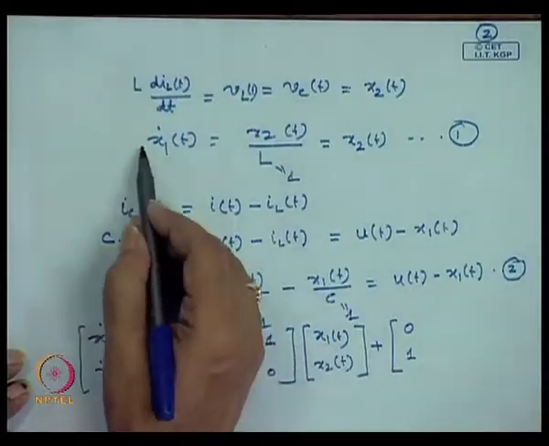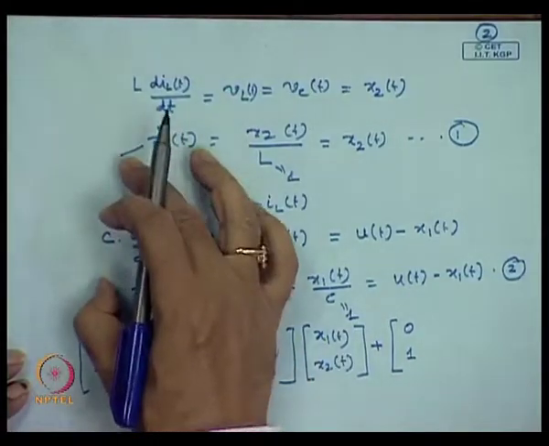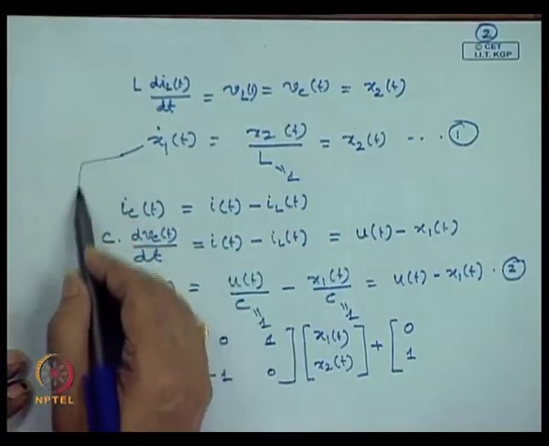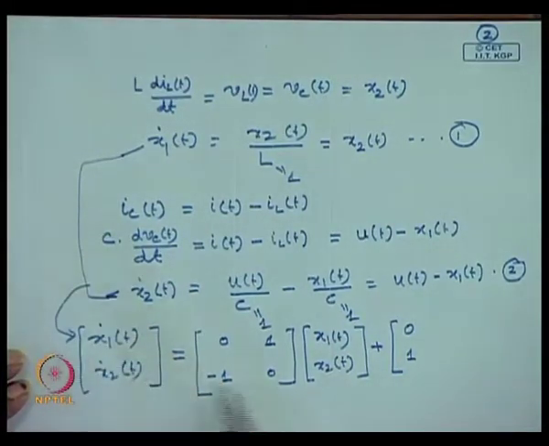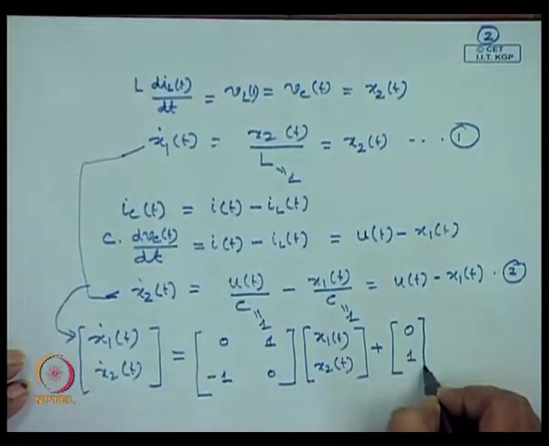Then 1. We club this equation and this equation together and write it this way. Agree? So, this is equal to this into u.